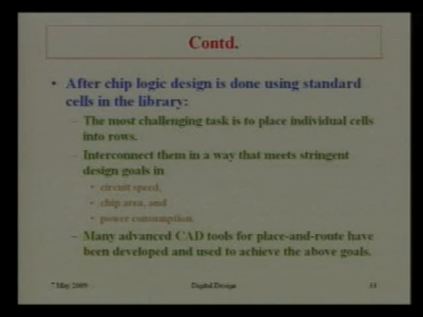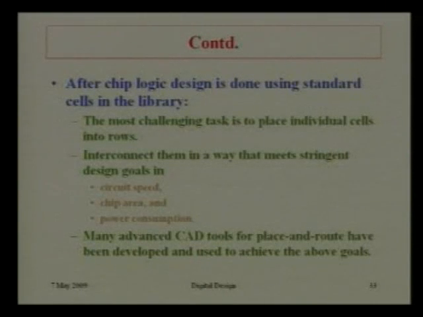Once it is done, the next step is to place individual cells into rows, because the floor planning is already there. You know that these many rows are available for putting the cells, and this is my routing channel, this is the space available. Then interconnect them in a way that meets the stringent design goals. Circuit speed, chip area and power are all contradictory.